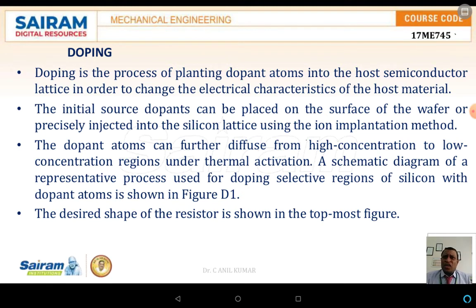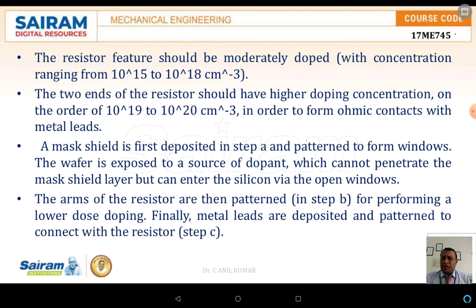Now a desired shape of the resistor is also shown in the topmost figure. The resistor's features should be moderately doped. The two ends of the resistor should be highly doped. Why highly doped? Because they should act like metal leads, where it should be a conductor.